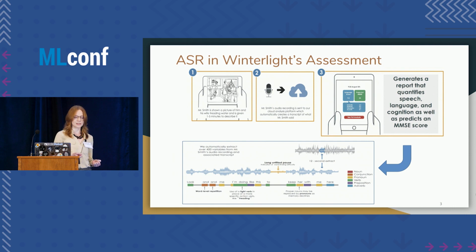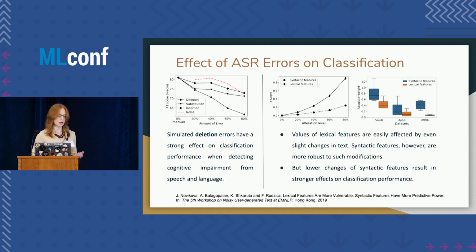So ASR is definitely important, but how important is it, and how can it affect our results? That's the research question that we try to answer in our recent project.